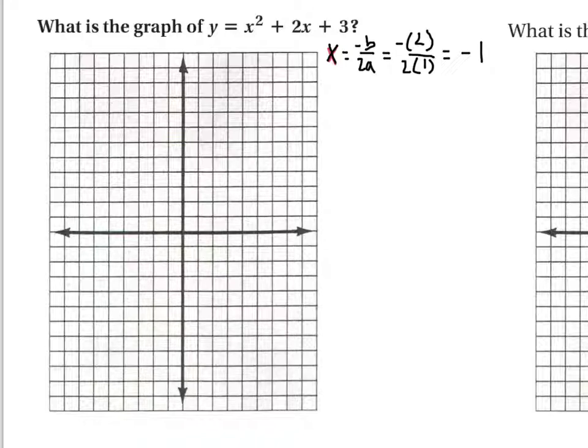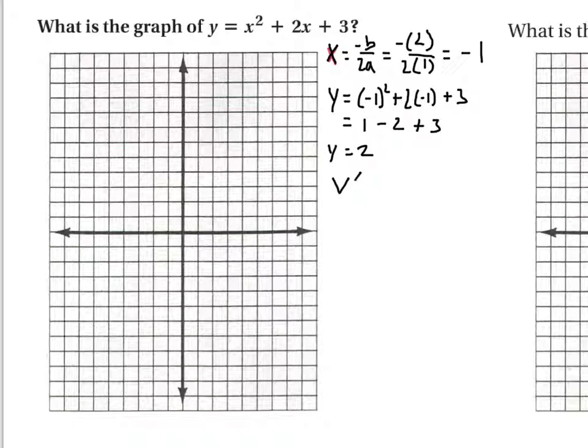Well, now we need to take that and find our y-coordinate by plugging back into our equation. So I've got negative 1 squared plus 2 times negative 1 plus 3. Well, negative 1 squared is 1. 2 times negative 1 is negative 2 plus 3. So what do we get? 2. So our vertex is at negative 1, 2.